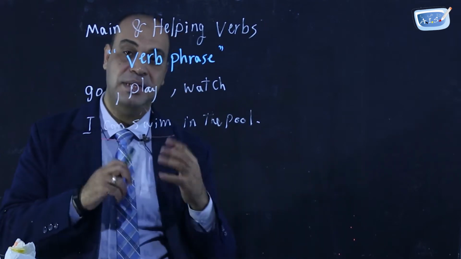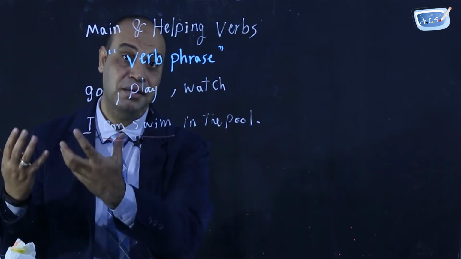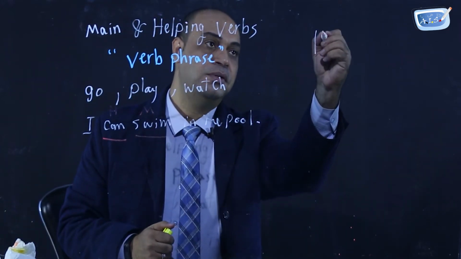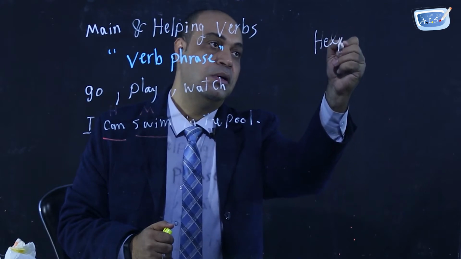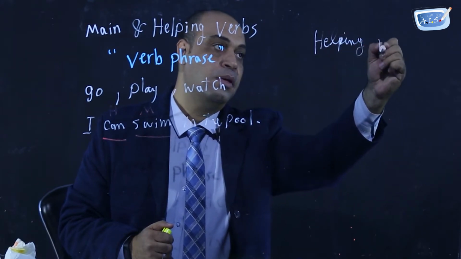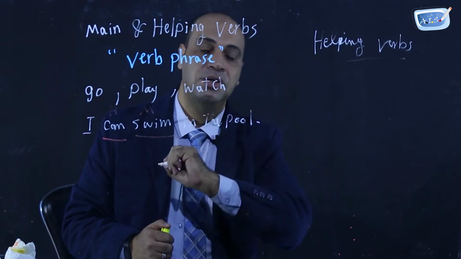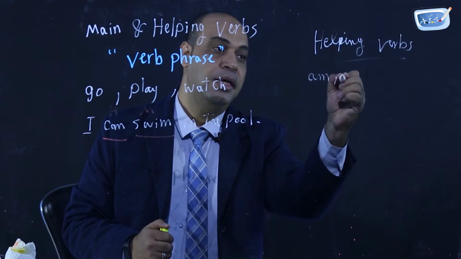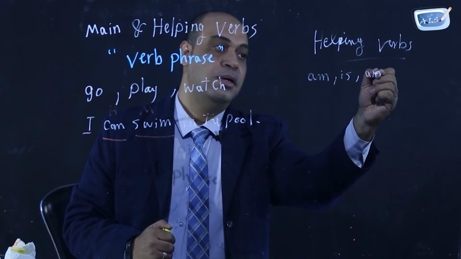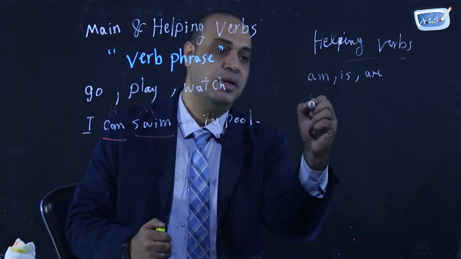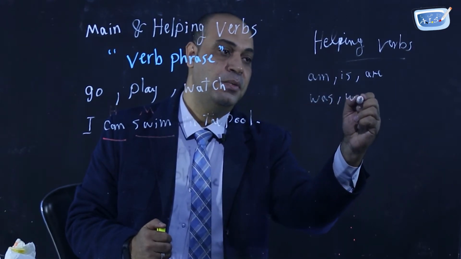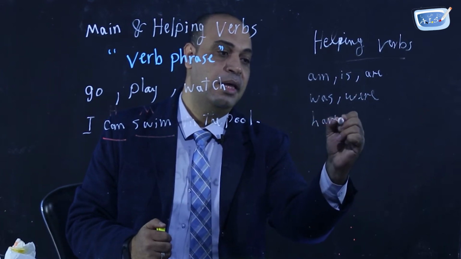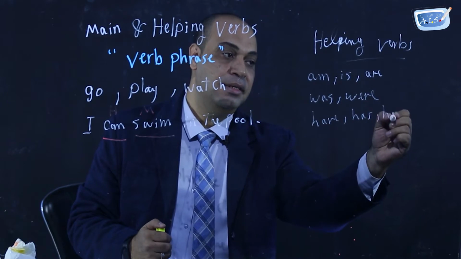Right. So the next part here we focus on the helping verbs. What are the types of helping verbs? So we can write here helping verbs. Generally, helping verbs are the verb to be, like am, is, are in the present, and was and were. Have, has, and had.